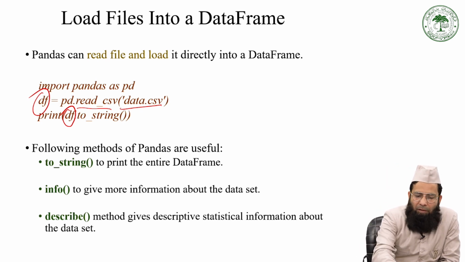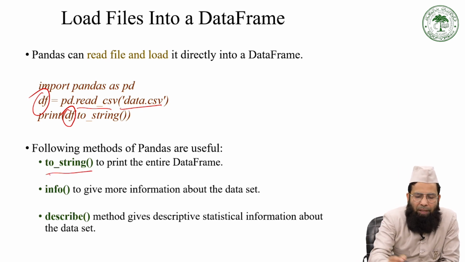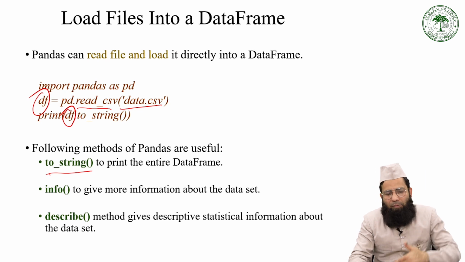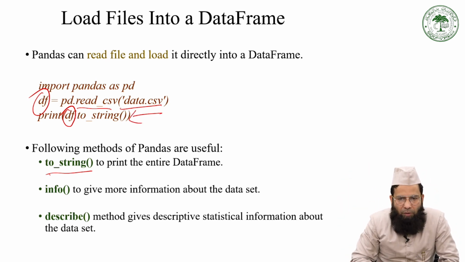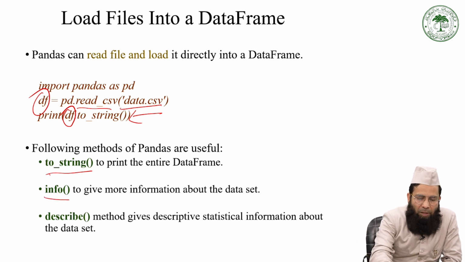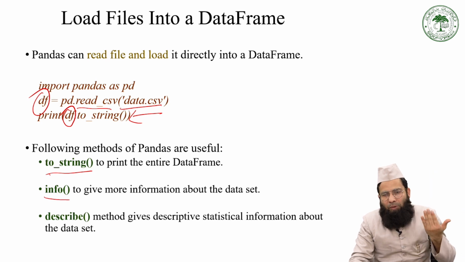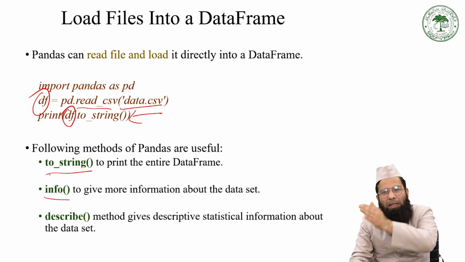These are certain methods of Pandas that are very useful, like to_string to print the entire data frame. If you want to print the entire data frame, suppose you have thousands of records in your data set, it would print thousands of records. info gives more information about the data set: what the attributes are, the total count of the attributes, and the data type of attributes.